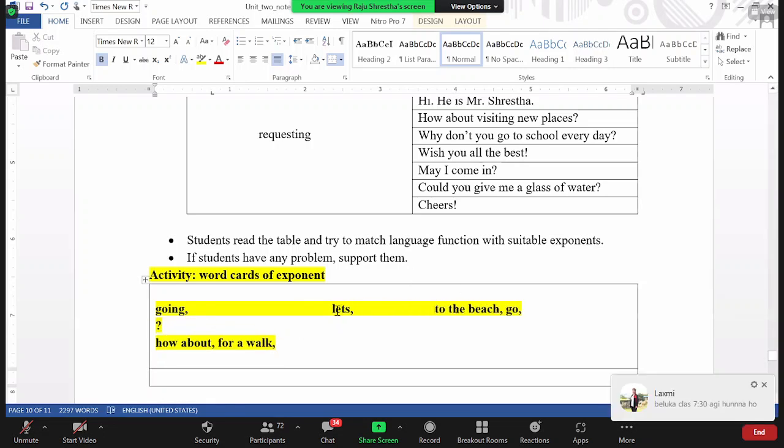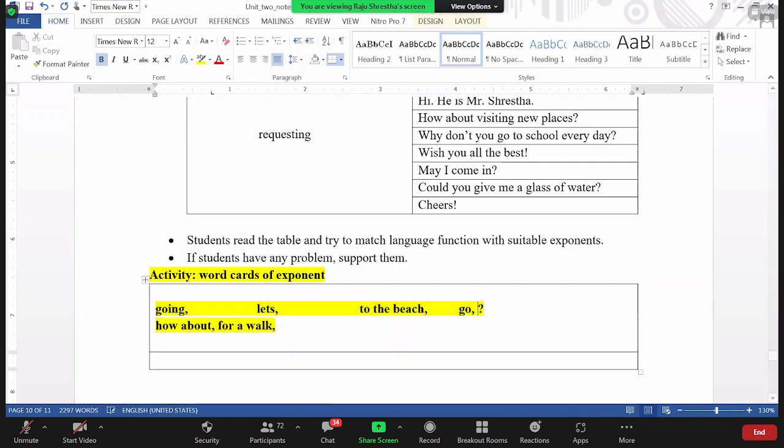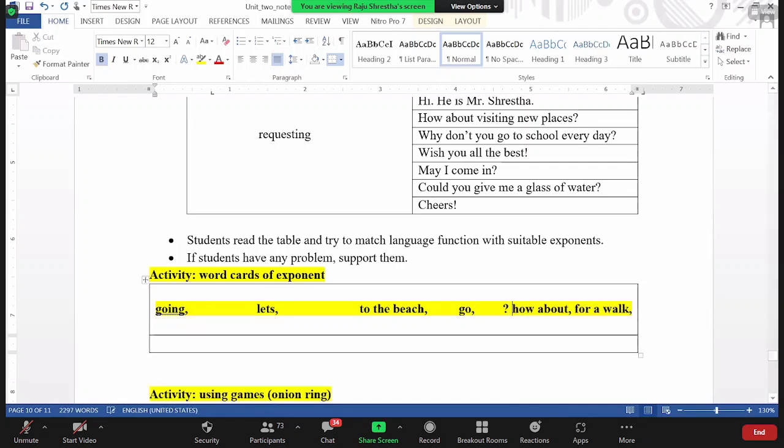In this way you can prepare from the examination point of view. And students read and try to arrange.